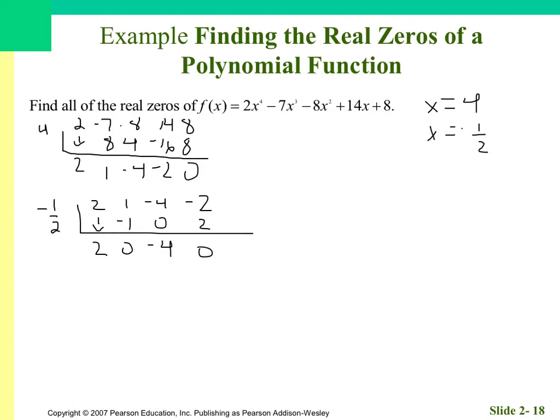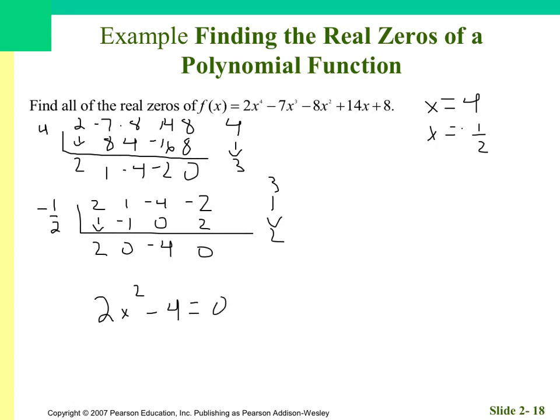So now what do we have left over here? Well, let's see. When we divided here, we went from a 4 degree to a 3 degree, and then 3 to 2. So you have 2x squared minus 4 equals 0.